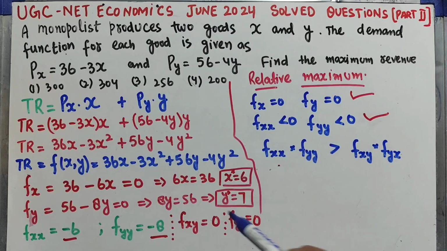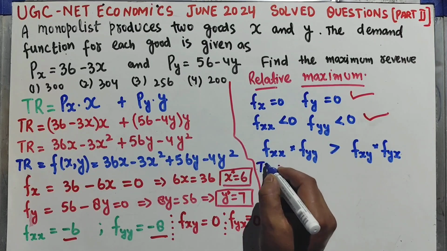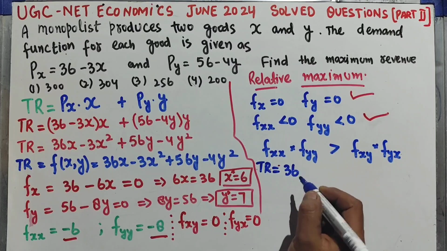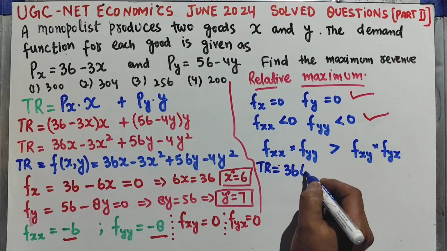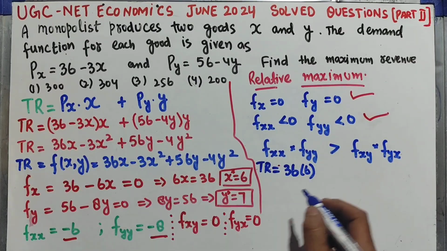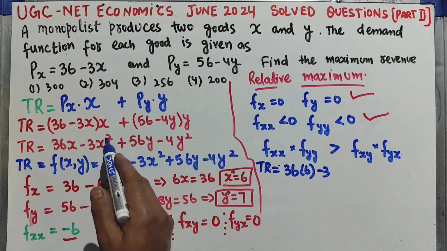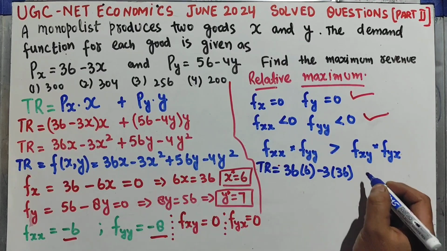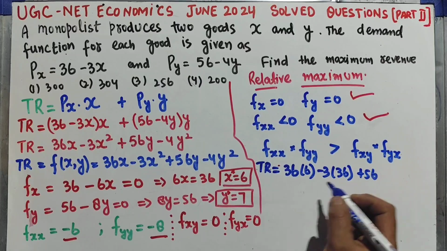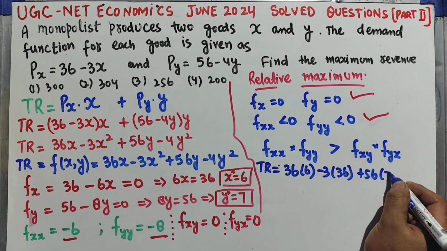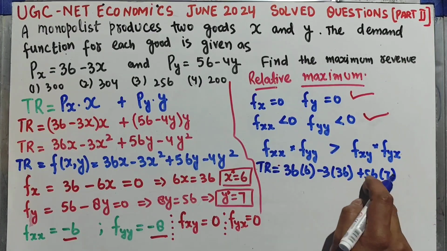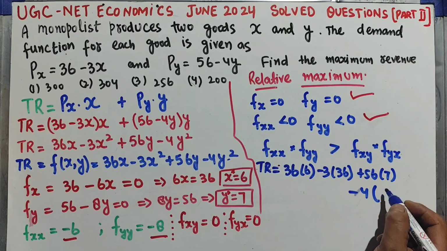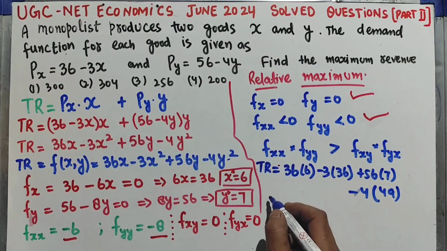So total revenue will be equal to 36 times the value of x, which is 6, then minus 3 x squared, that is 6 squared, which is 36, then plus 56 times y, where y is 7, then minus 4 y squared, that is 7 squared, which is 49. We need to solve this.